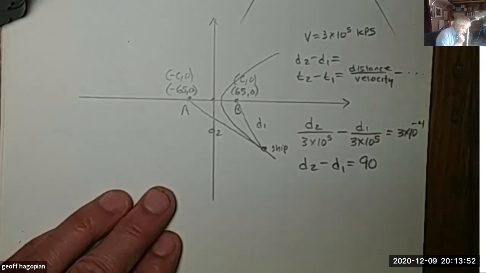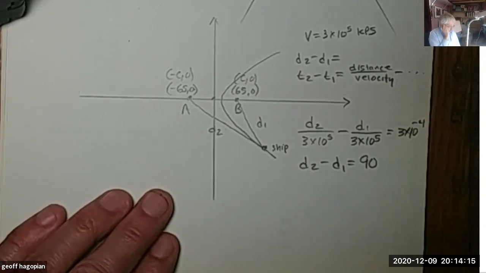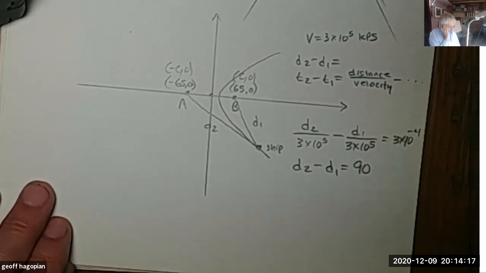So what does that tell us? The difference between... well, I'm going to have to write this one up because we're way over time here. So I'll write it up and post it in this week's module.